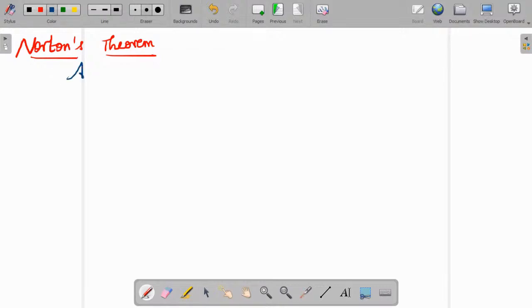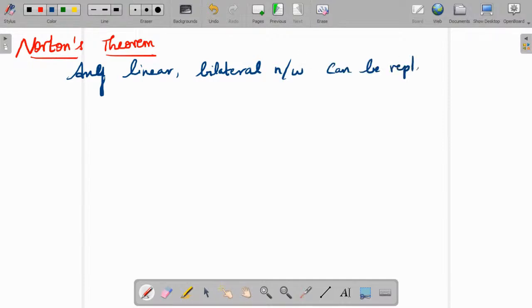Okay, so any linear bilateral network can be replaced by a current source in parallel with the resistor.